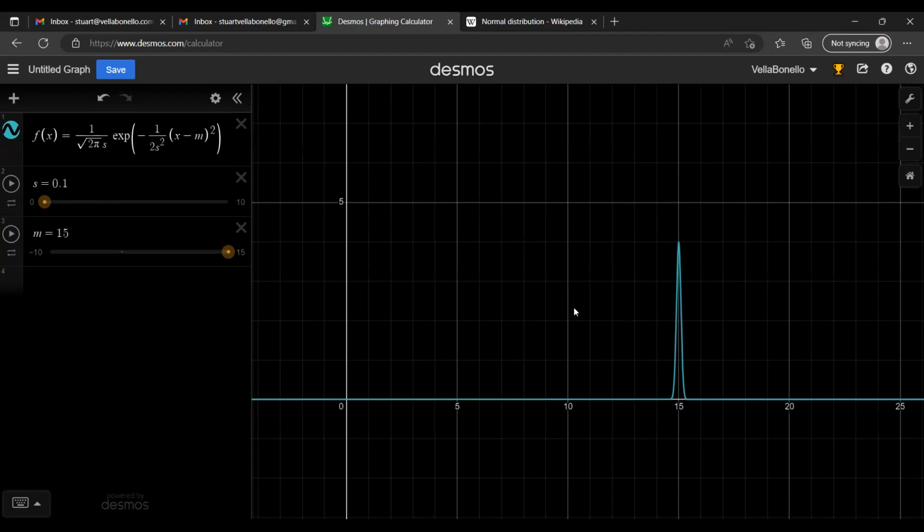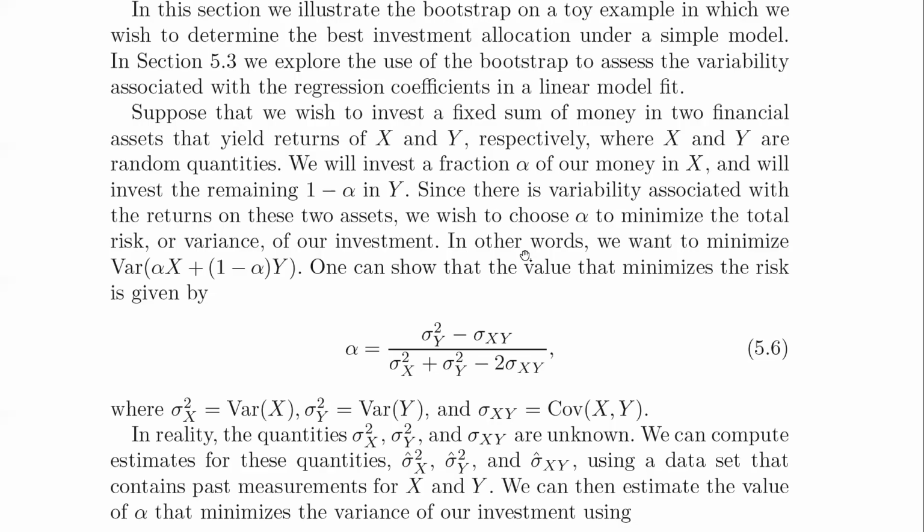Now, finance is all about trying to maximize your expected outcome, your average outcome, while reducing the variance. So we want to reduce this variance.